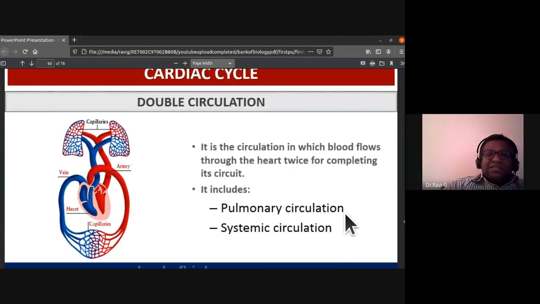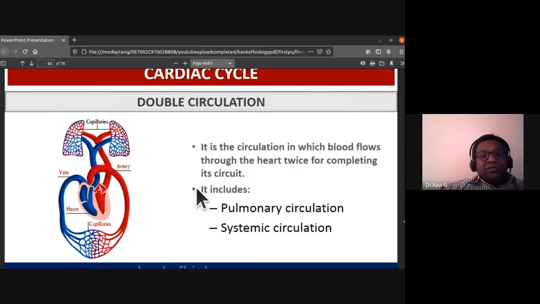In the cardiac cycle, there is double circulation. It is the circulation in which blood flows through the heart twice for completing its circuit.